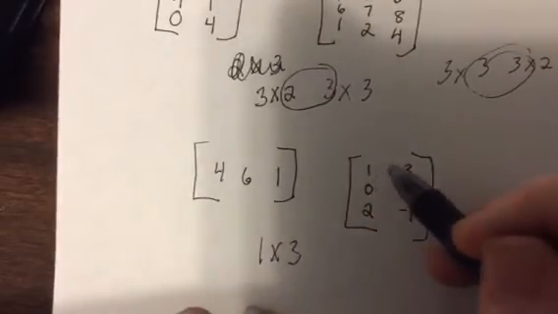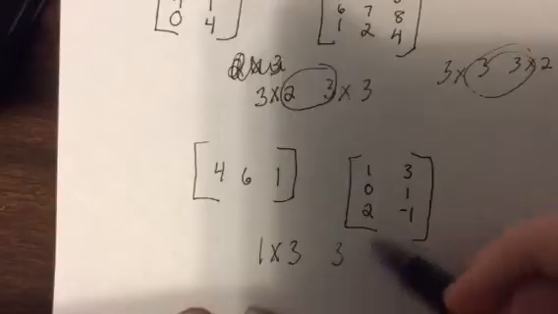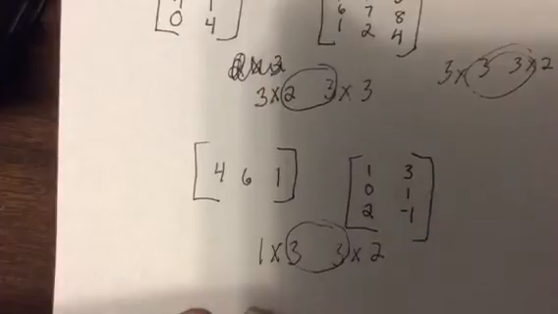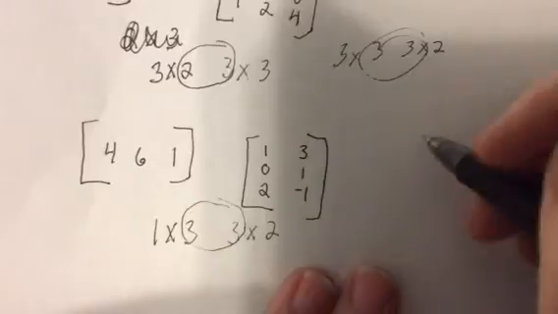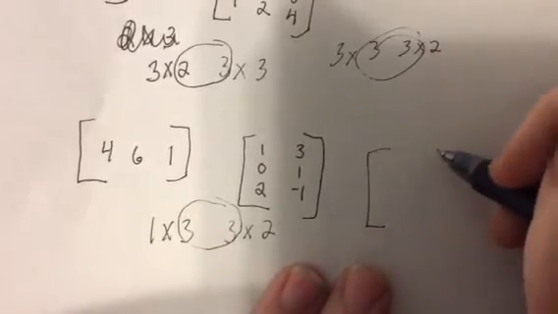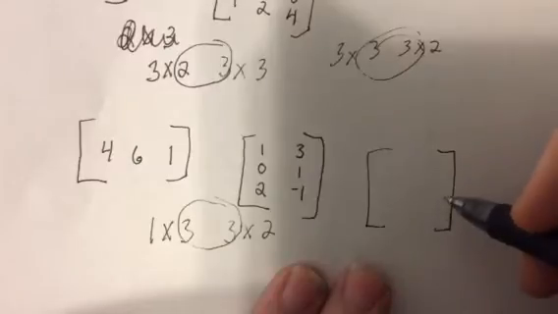Here we have 3 rows, 2 columns. Well, look there. You can multiply them. So let's go ahead and multiply them here. In fact, turn off the TV and go ahead and try to multiply them right now. Then turn it back on and I'll do it.